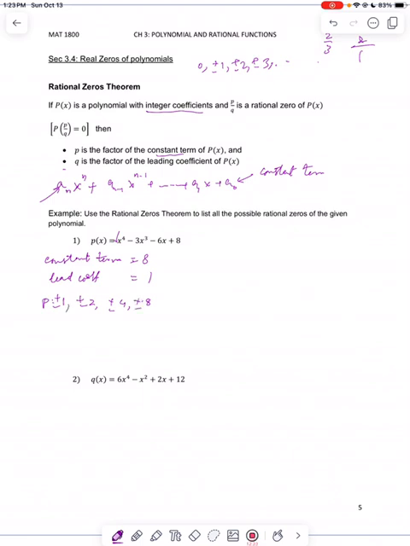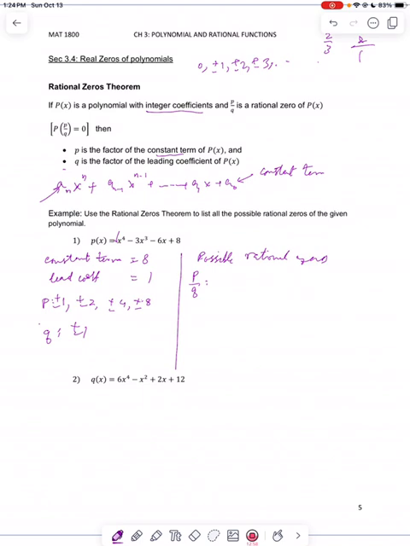And what are the possible values for q? Just plus minus 1. Now to find the possible rational zeros, we have to find p over q. So every p value, we have to divide by every q value. In this case, we have only plus minus 1 for q.